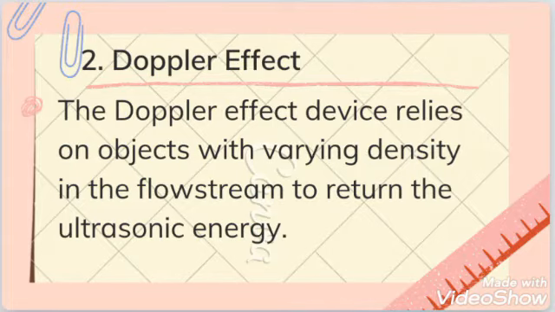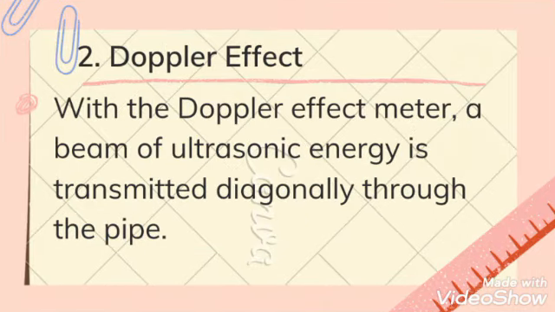The second method is the Doppler effect. The Doppler effect device relies on objects with varying density in the flow stream to return the ultrasonic energy. So the energy will be reflected by the flow medium, the material which is flowing through the pipe.